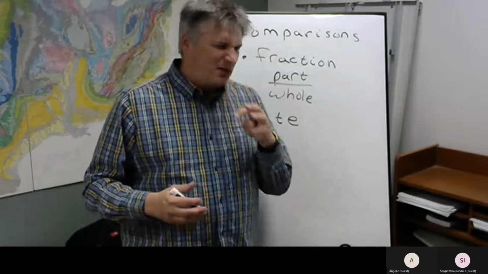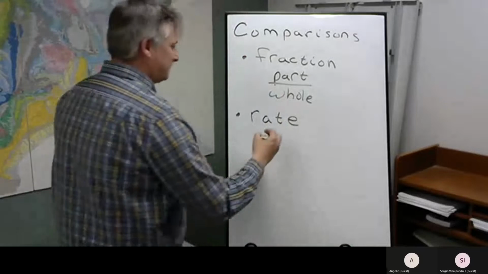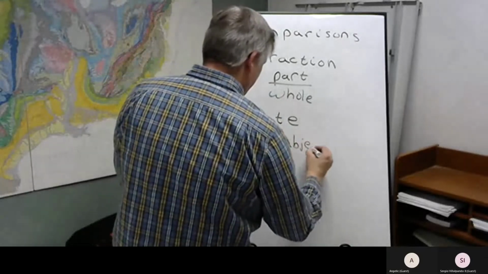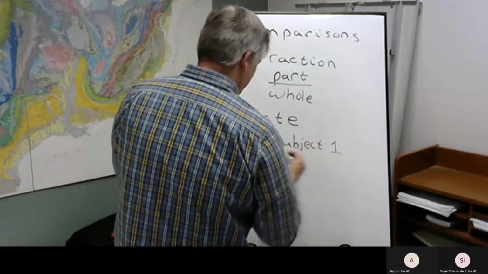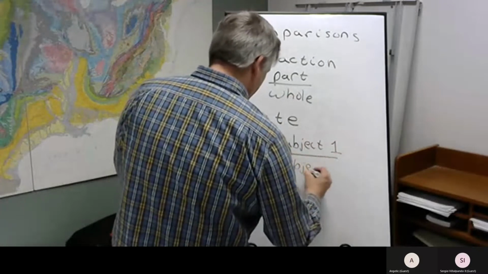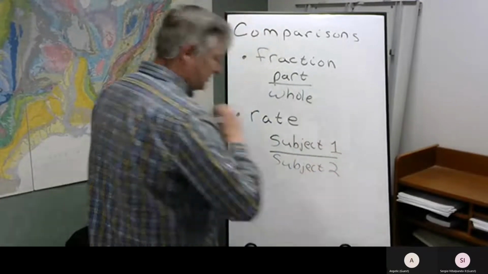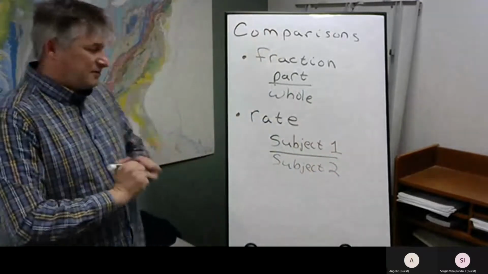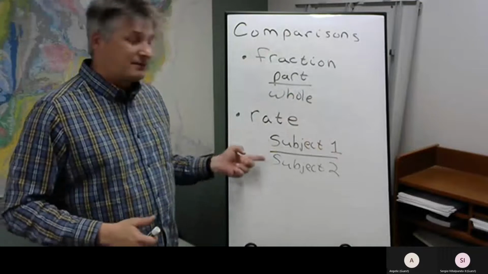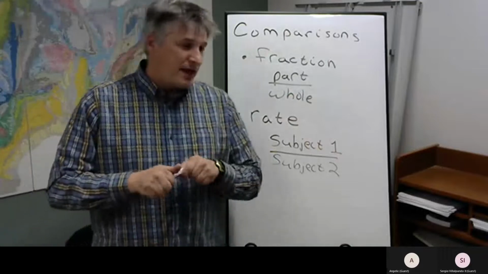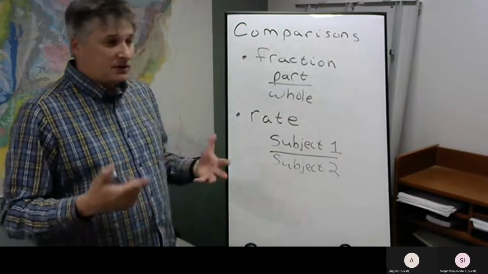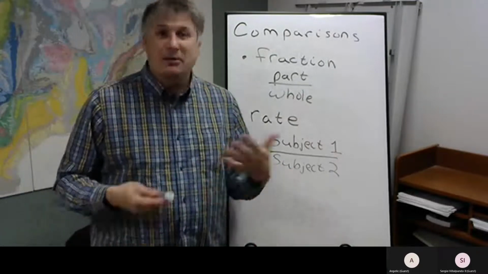So I'm going to call them subjects: subject 1, subject 2. And these could be wildly different. You could have distance and time. You could have dollars and pounds, say you're buying meats, for example, how much per pound.